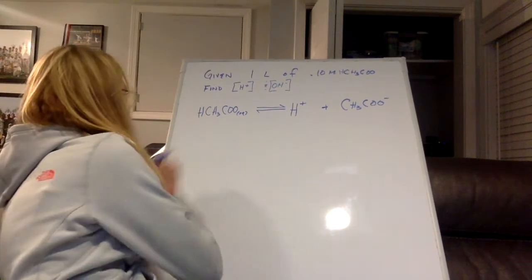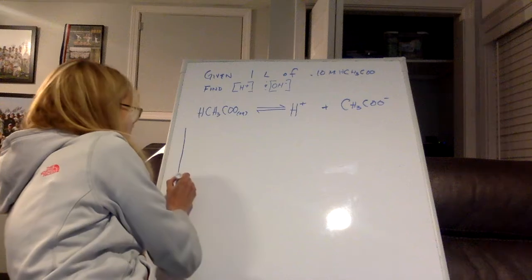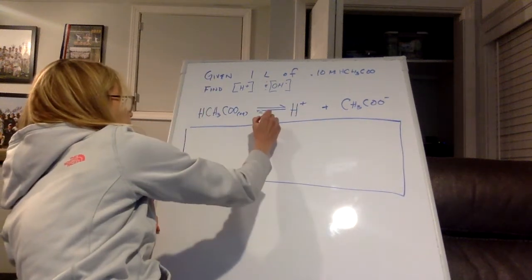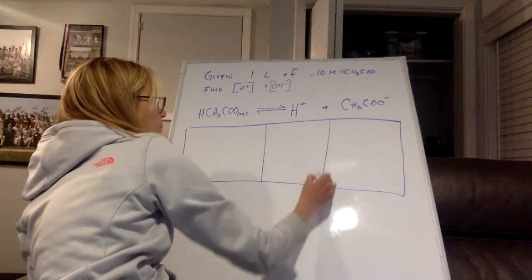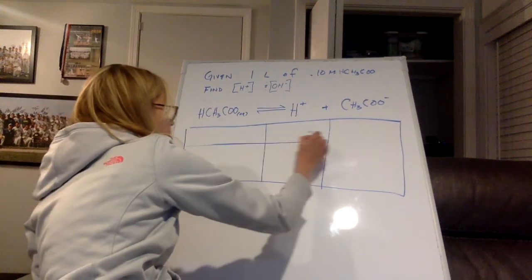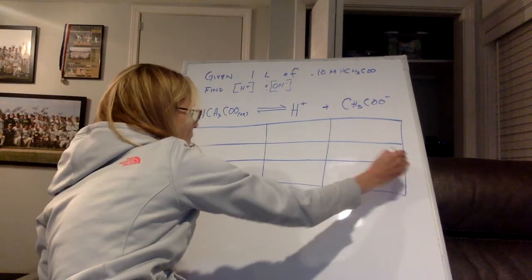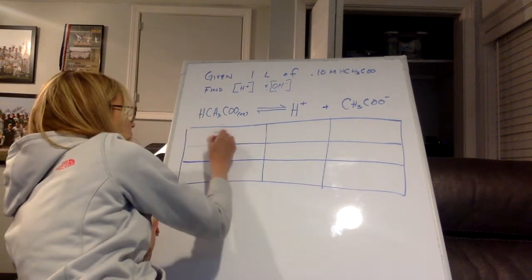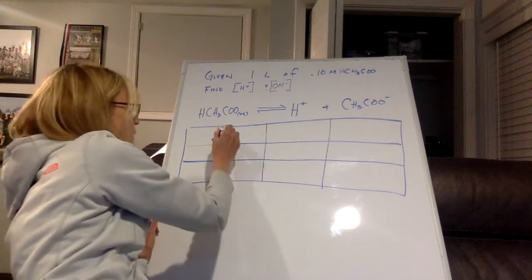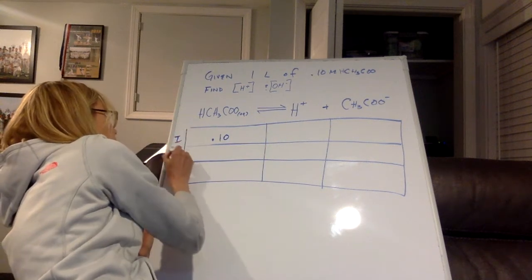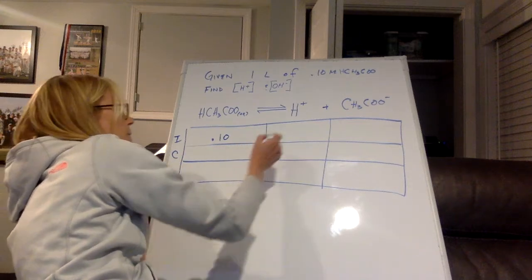So I know that the concentration of this is 0.10 in the beginning. I know the initial concentration, so here's my initial, here's my change, here's my equilibrium.